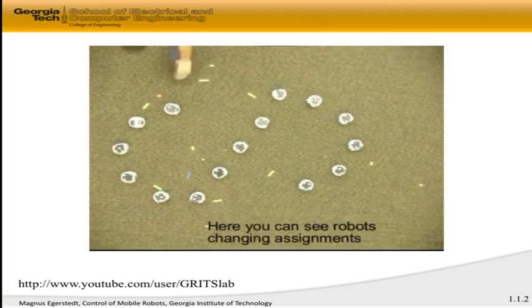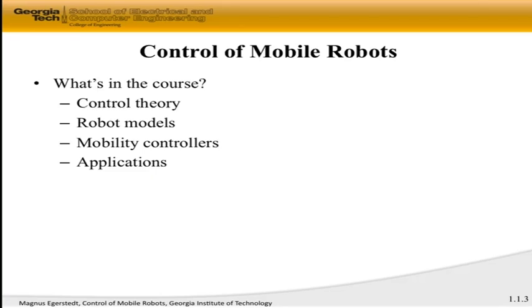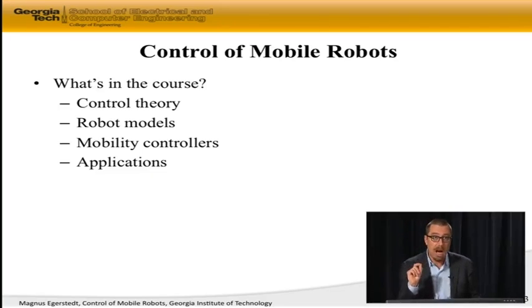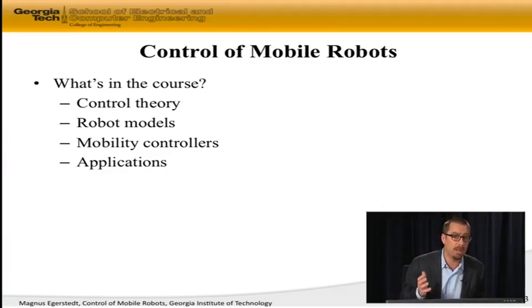So let's talk a little bit about the course. Control theory will play a key role, meaning how do you actually control systems? And this will be done decoupled from robotics. But then we're going to couple in the robotic applications by looking at robot models, because not all robots are the same. Some are hopping, some are slithering, some are rolling, some are flying, and different types of robots require different types of controllers.